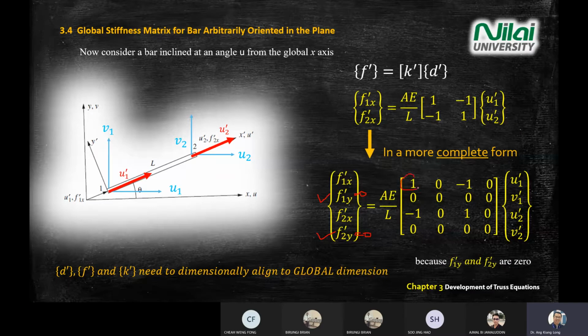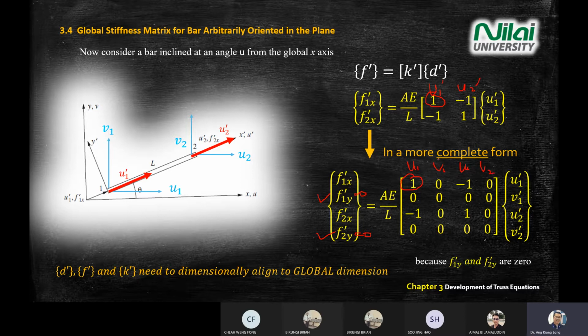For example, this number, if you do labeling, this one is U1, U2 prime. So this number is U1, U1. So U1, okay, you write here, U1, V1, U2, V2.